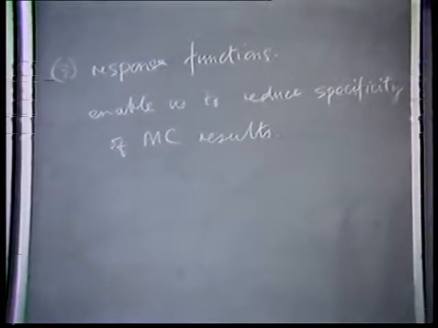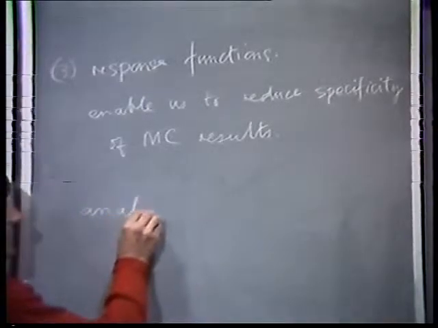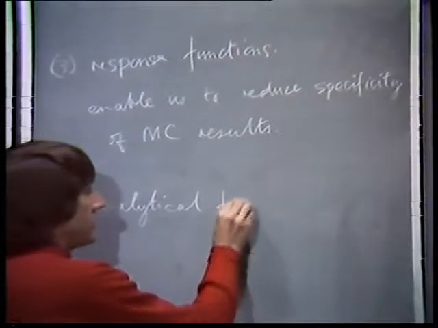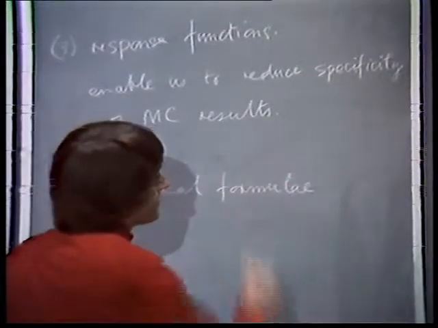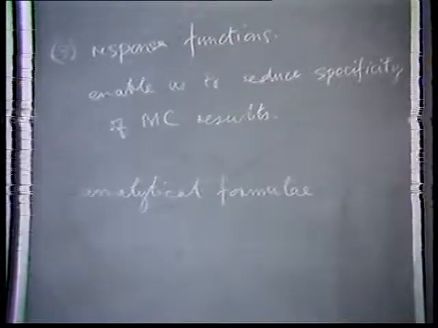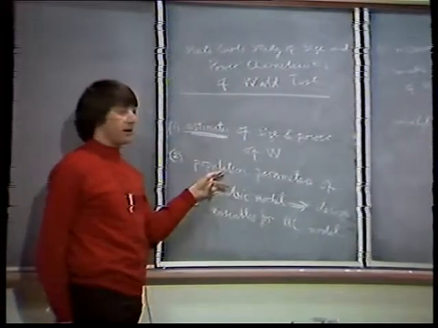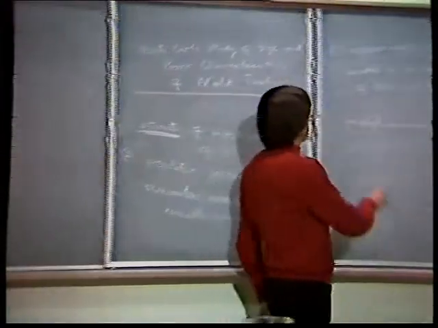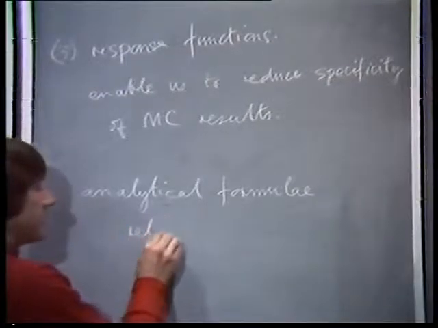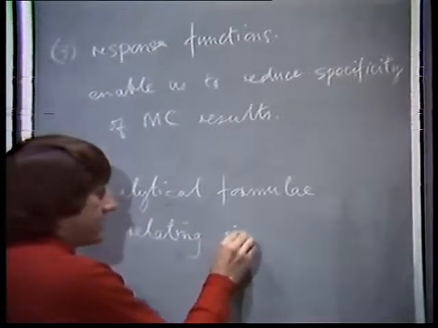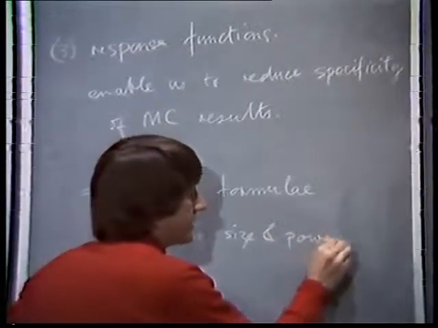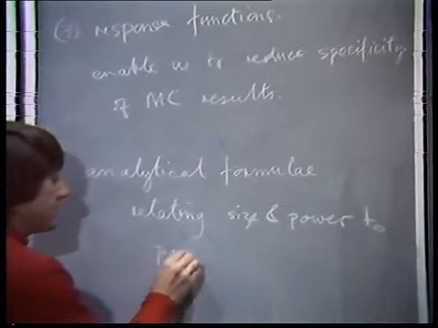Another way of looking at that point is to say that from analytical statistical analysis, which usually is asymptotic, we can derive formula which will relate these characteristics that we're interested in, namely size and power in this case, to the population parameters. So from analytic analysis, we can have analytical formula relating, in this case, size and power to the population parameters.